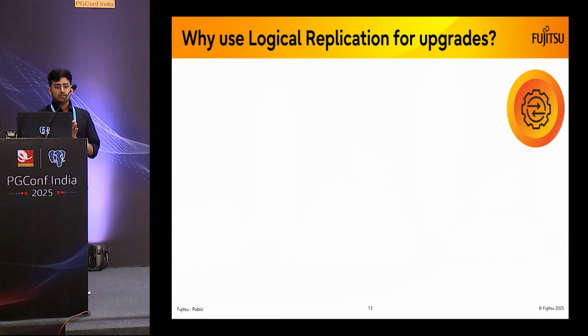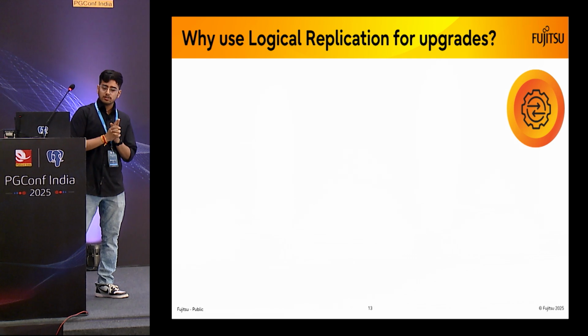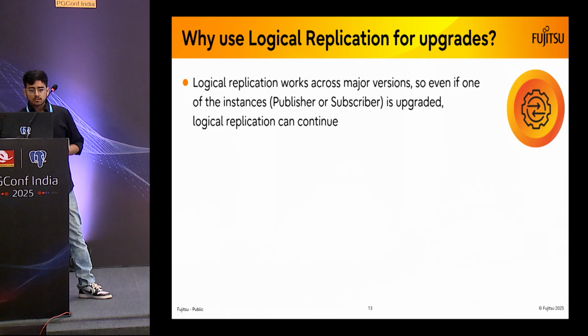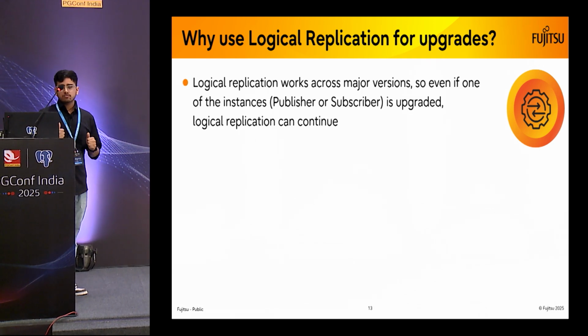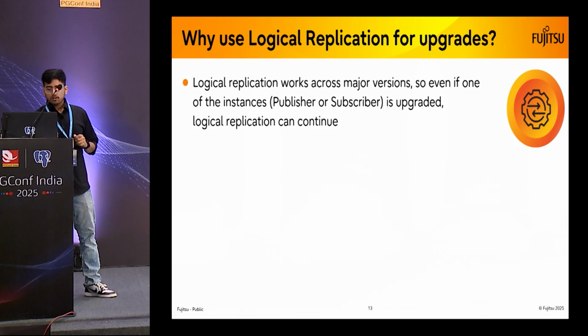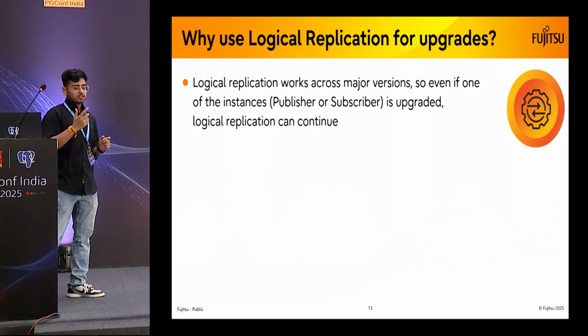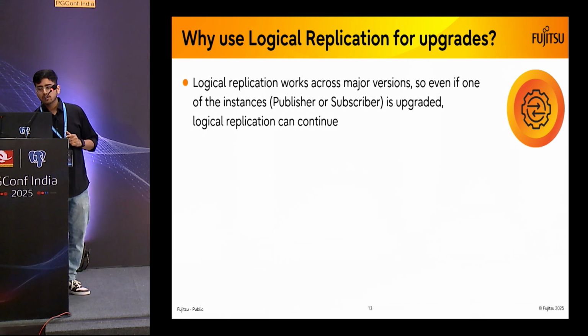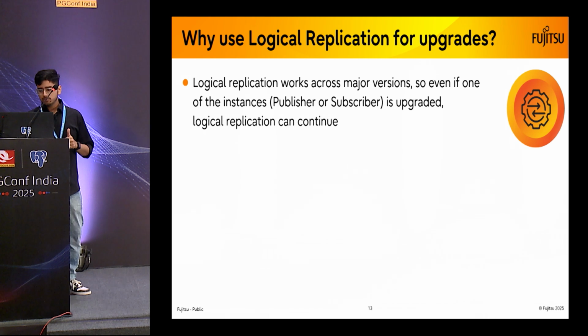Now let's see why we can use logical replication for upgrades. Logical replication works across major versions. So even if one of the instances is on a different major version, logical replication can happen and continue.